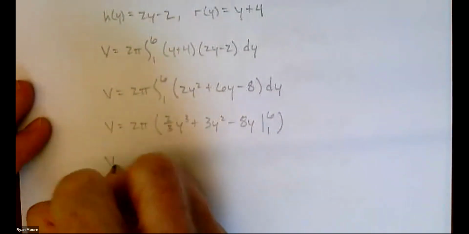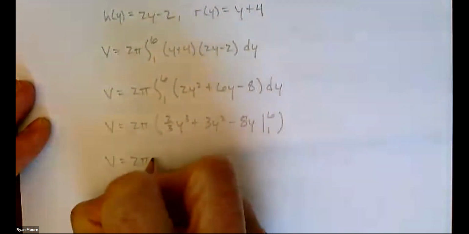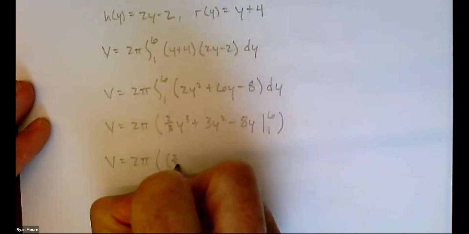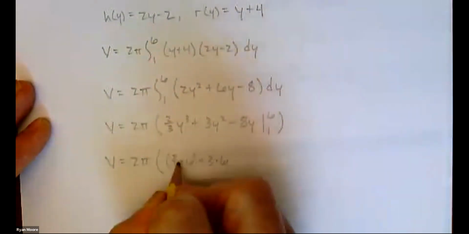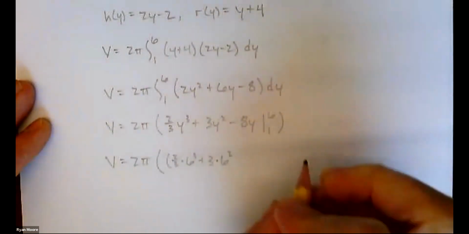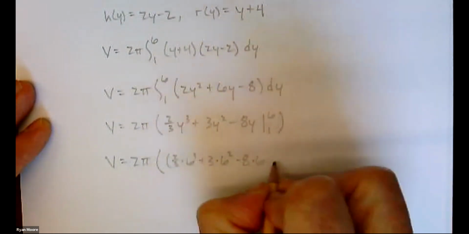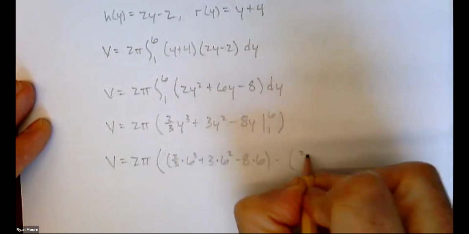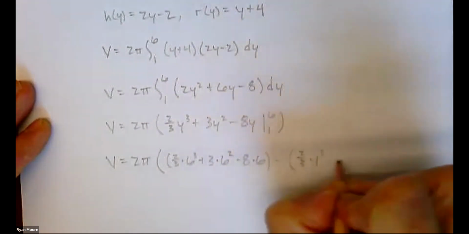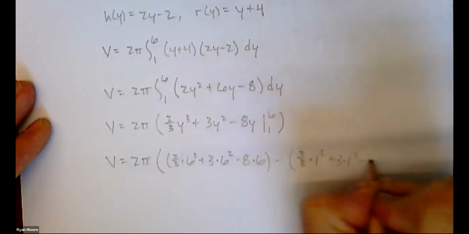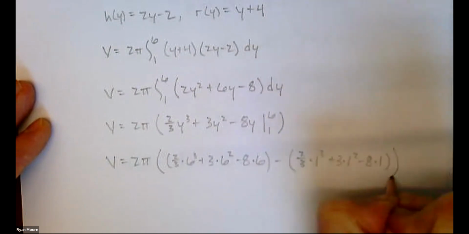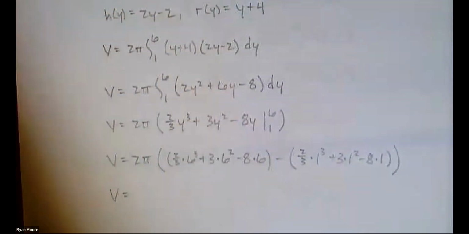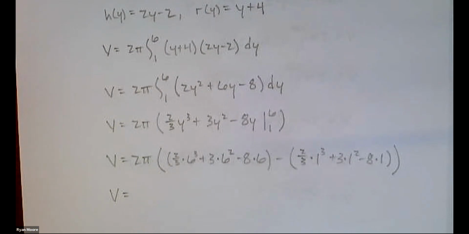And then plugging in, 2/3 times 6 to the third plus 3 times 6 squared minus 8 times 6, minus 2/3 times 1 to the third plus 3 times 1 squared minus 8 times 1. All of that, what are we going to get? Oh boy.